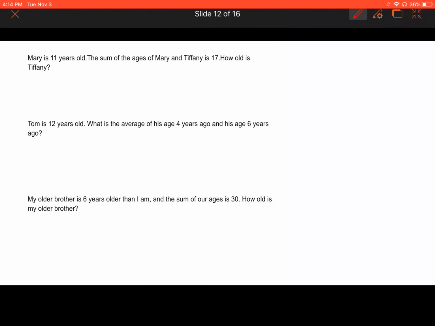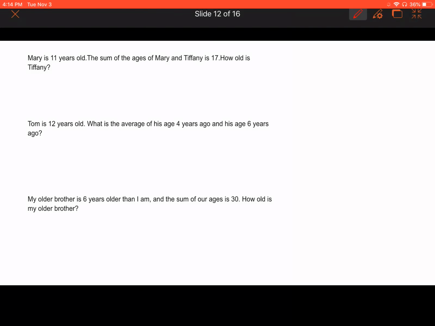We're going to solve some important problems related to age. With respect to age problems, we have to represent the instructions given in the problem in the form of equations. And very importantly, we have to note down what time the age is concerned with, that is present, past or future.